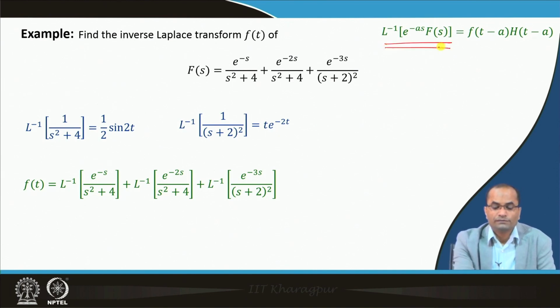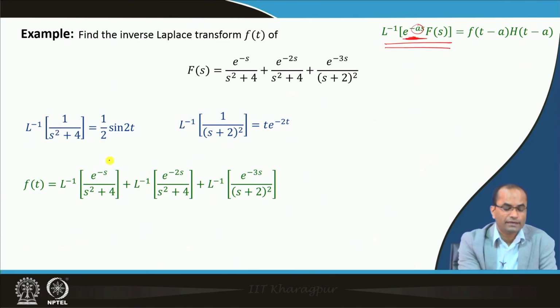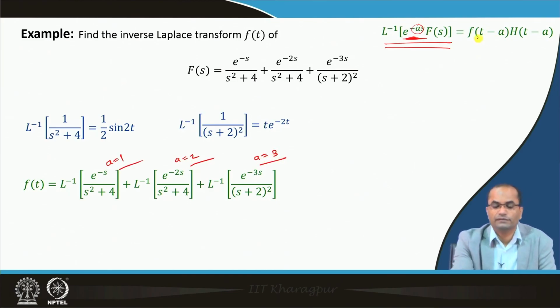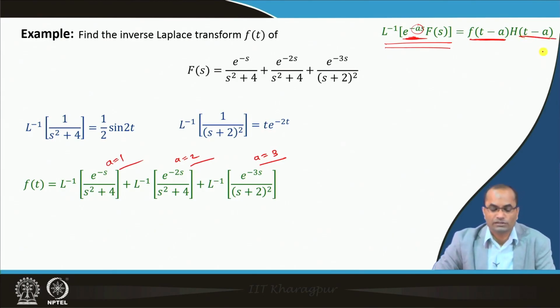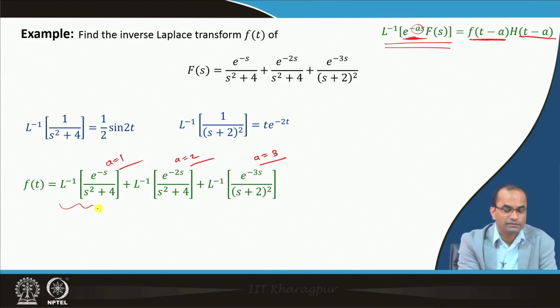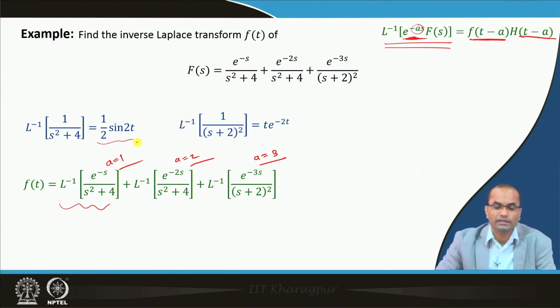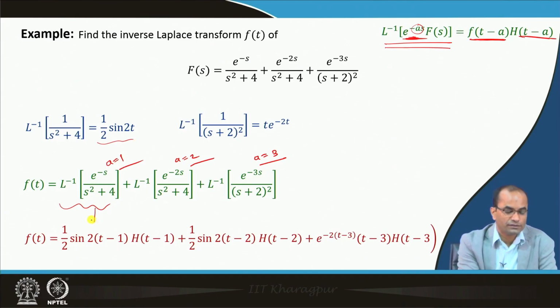Here the shifting property is e^(-as), where a in our case is 1, 2, and 3. We have a direct shift by a in f, multiplied by h(t-a). In the first case this is half sin 2t, but now t is replaced by t-1, so we get half sin 2(t-1) h(t-1).